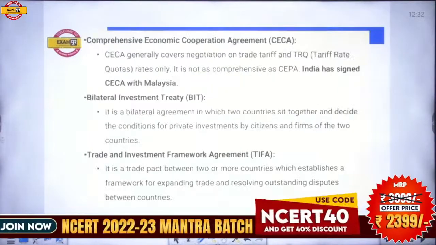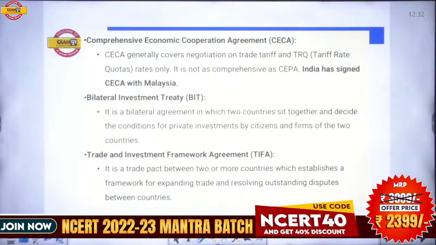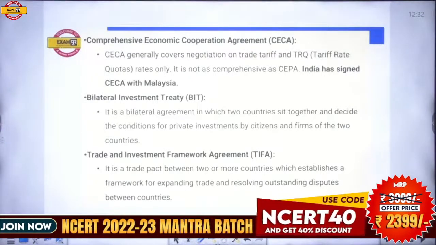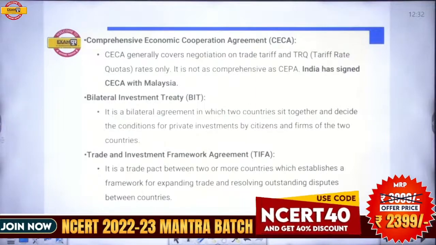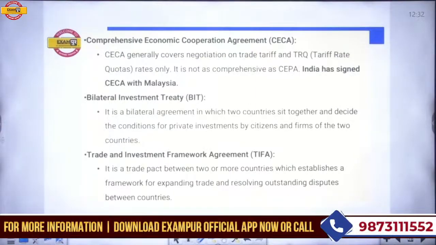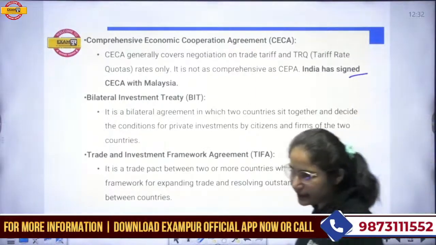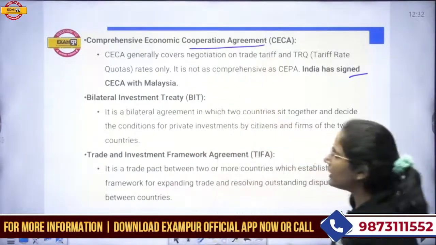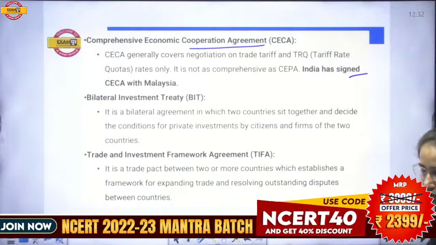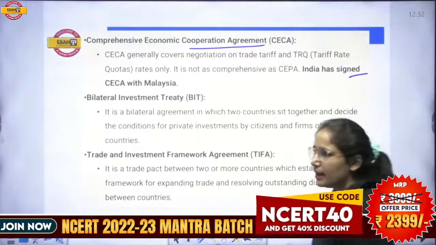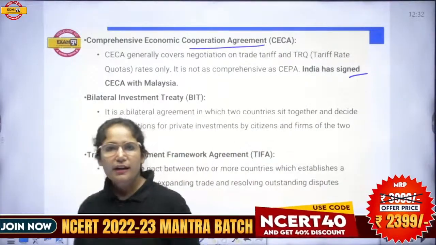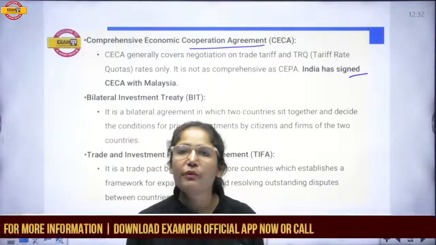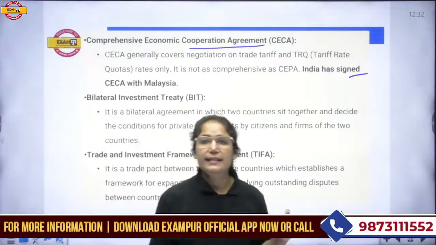Okay. Next is the Comprehensive Economic Cooperation Agreement. This is all about negotiation on the trade tariff and quotas. India has signed the CECA, cooperation agreement, with Malaysia. You should have these clusters in mind: with whom we are having FTA, with whom we are having CEPA, with whom we are having CECA.